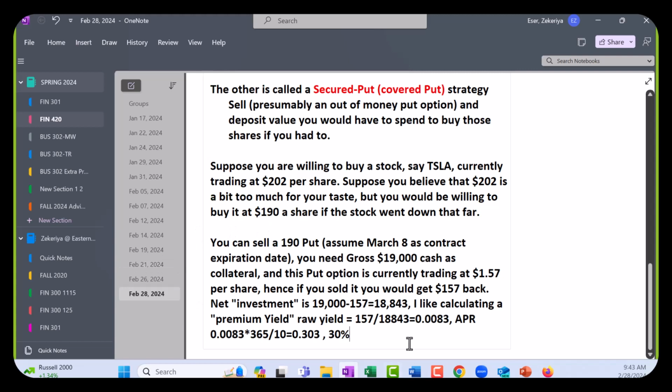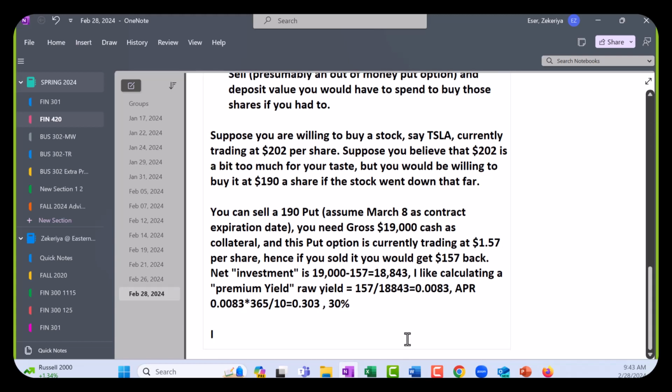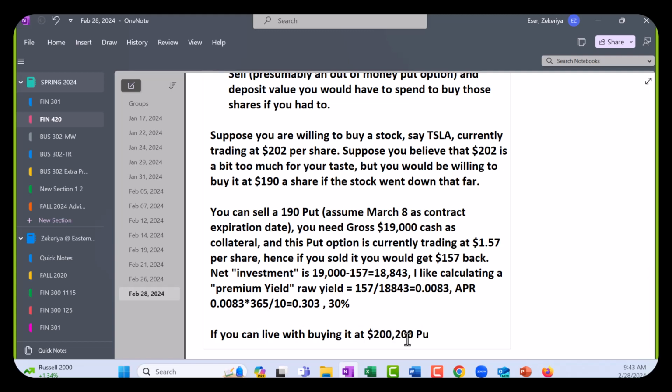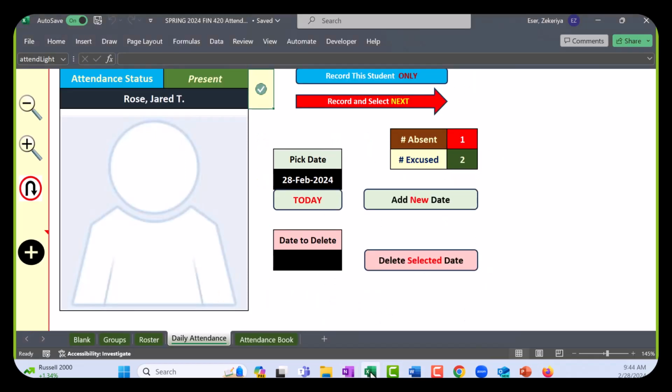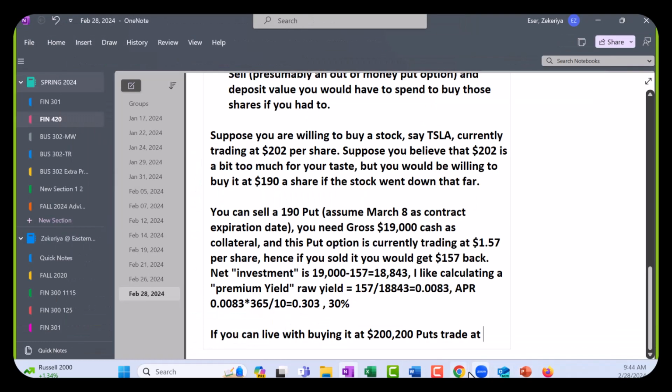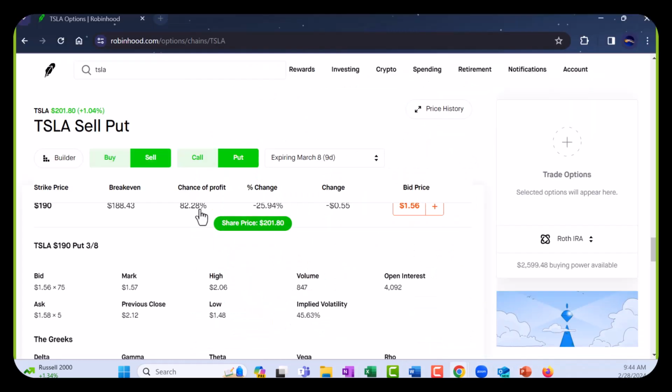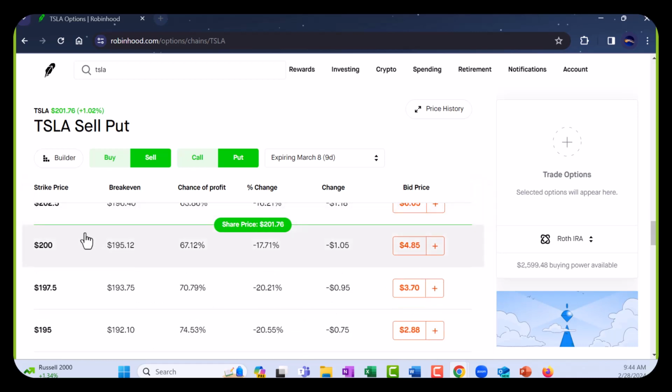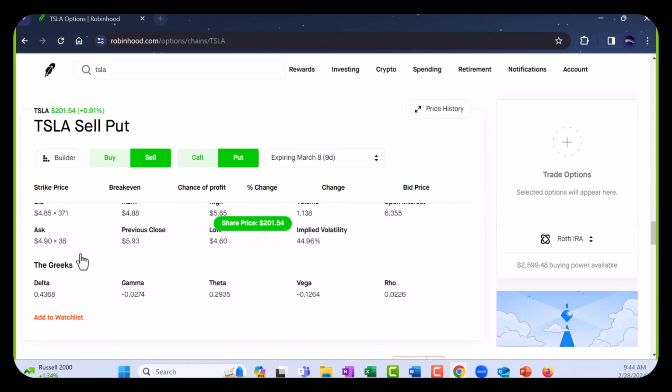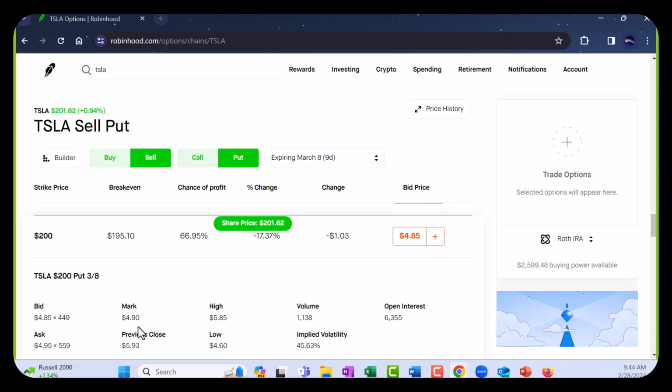If you are willing to do a little bit more, if you can live with buying it at 200, puts trade at much bigger, about 490.